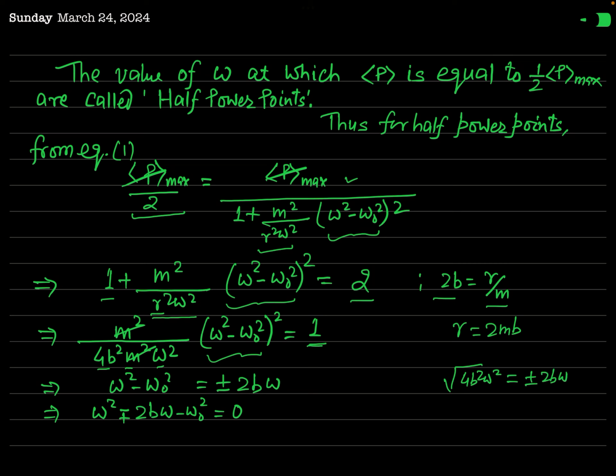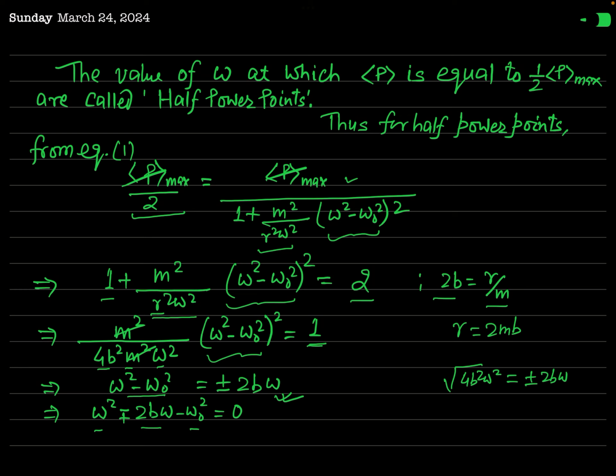So I have written here, you can see this omega square minus omega naught square is equal to plus minus 2b omega. Now when you take the term plus minus 2b omega from the RHS to the LHS, your result will be omega square minus plus 2b omega minus omega naught square equal to 0.